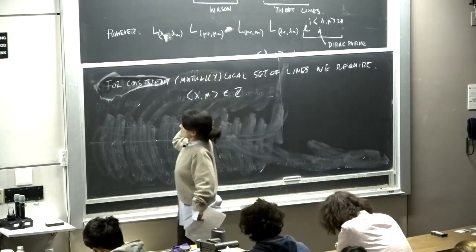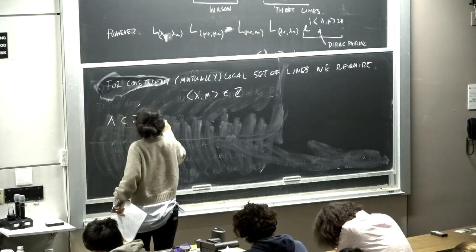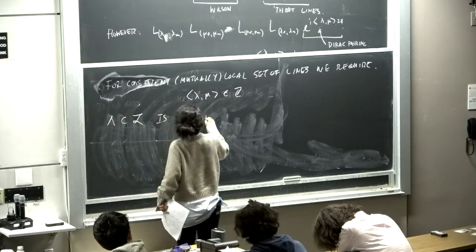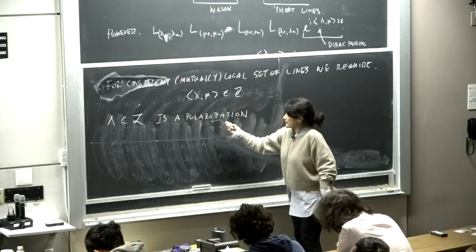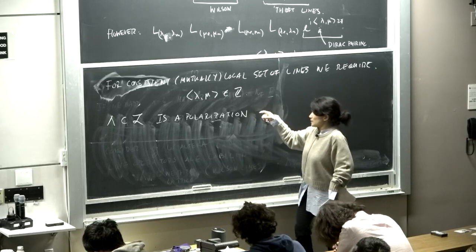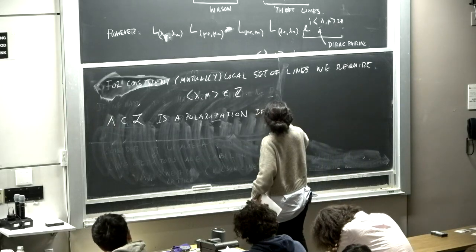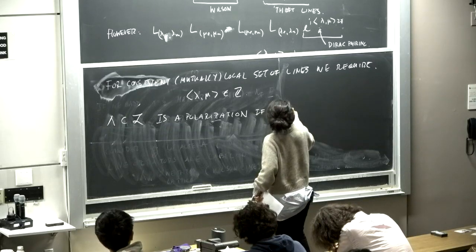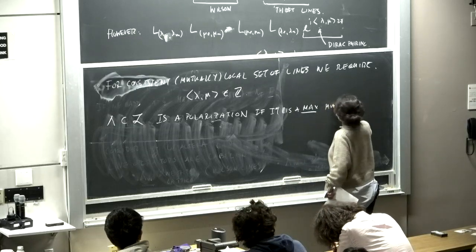In fact, we can call a subset lambda inside L a polarization, which translates into a consistent global form of the gauge group. It is a polarization if it is a maximal mutually local set of operators.